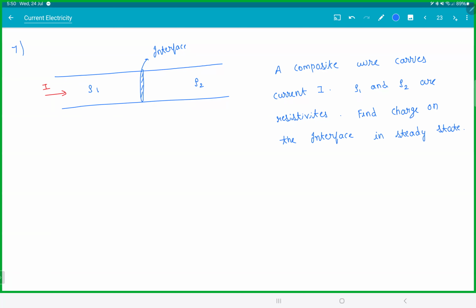Think about it. This is a question which is difficult to figure out but easy to solve. Try, take a minute out. First of all, you need to understand why there is a charge. It's a neutral conductor.